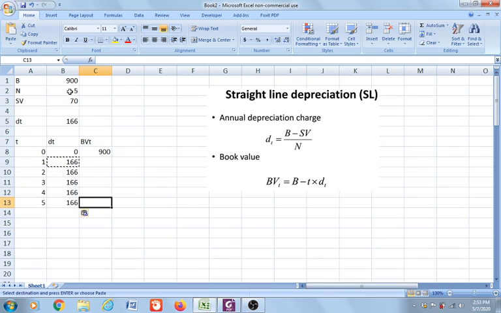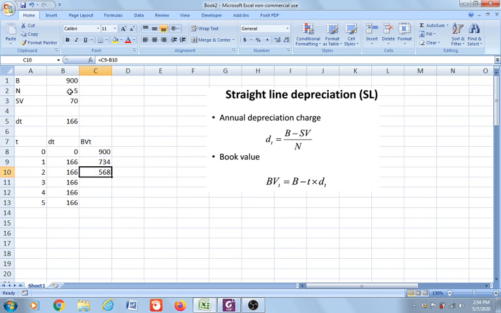So what is your book value in year 1? It is your book value in year 0 minus the depreciation charge in year 1. What is your book value in year 2? It is the basis minus the depreciation charge in year 1 minus the depreciation charge in year 2, or the book value in year 1 minus the depreciation charge in year 2.